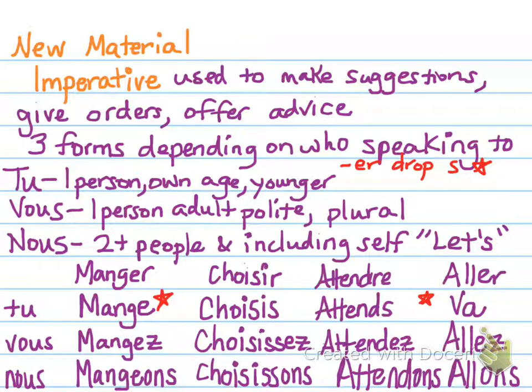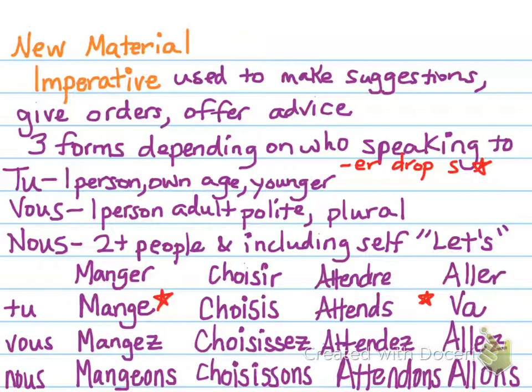Okay, so again, these are the imperative forms, right? With manger, we would be saying eat. We'd probably be telling people to eat something. So eat, eat, and eat. Choose, choose, choose. Wait, wait, wait. Go, go, go. Which form we use depends on who we are talking to.